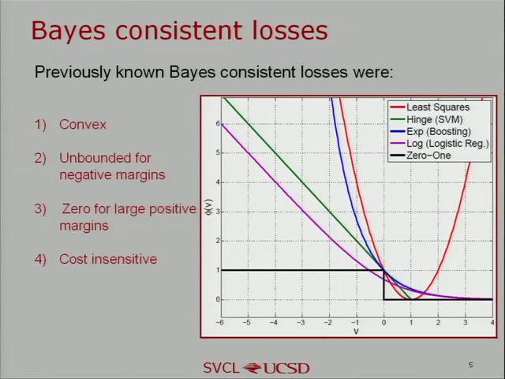Number three is that they all have zero or close to zero loss at large positive margins. Of course, this excludes the least squares loss that increases on both sides. And the last property is that they are all cost insensitive, meaning that they assign the same amount of loss to both the positive class and the negative class. So they don't prefer one class over the other.